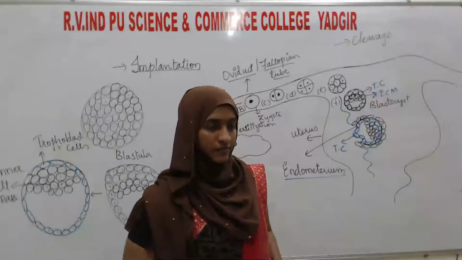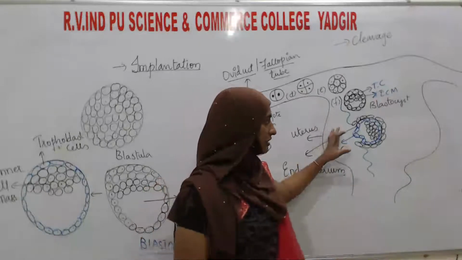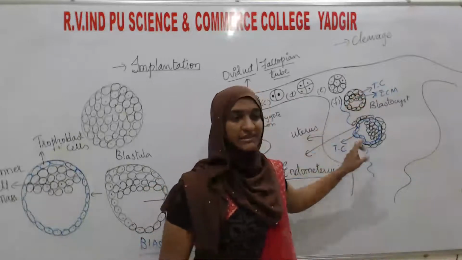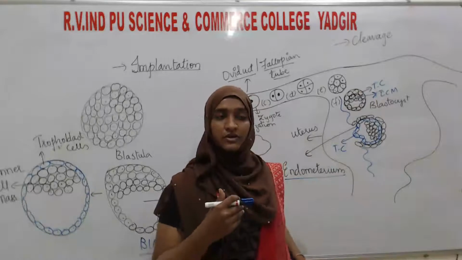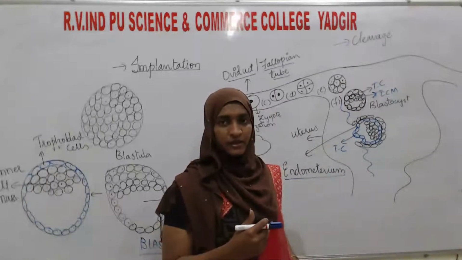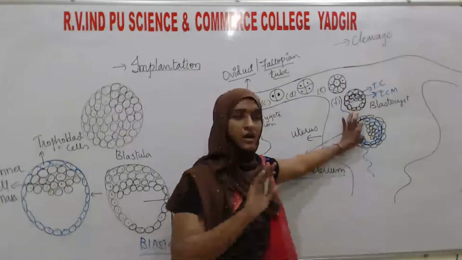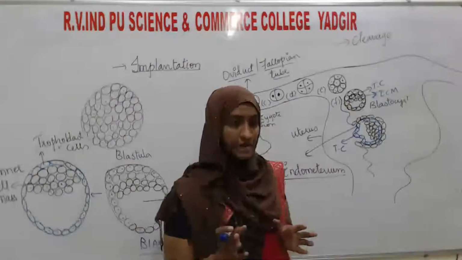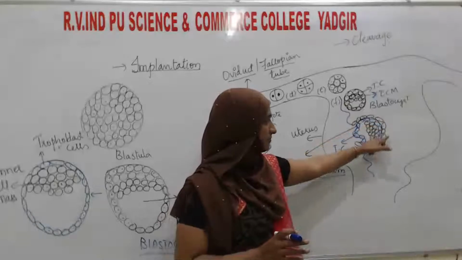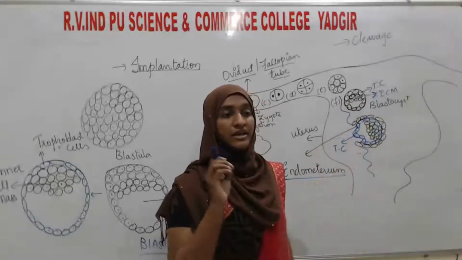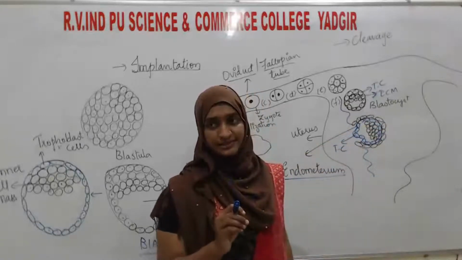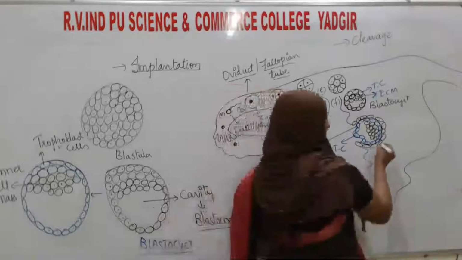Understand? Okay. So here once again I will tell you. First, trophoblast cells get embedded into the endometrium lining. Then this inner cell mass is further developed into the embryo. Except that, these cells are the endometrium cells or the uterine cells.